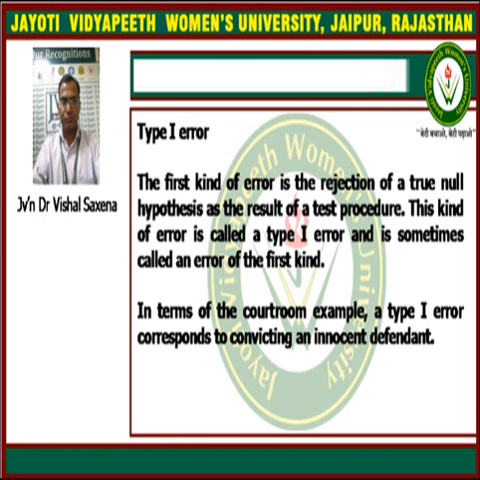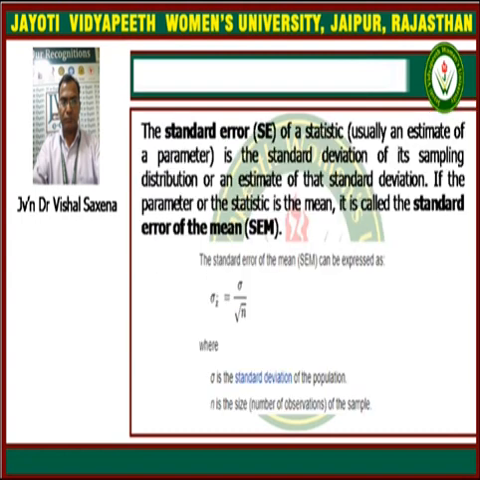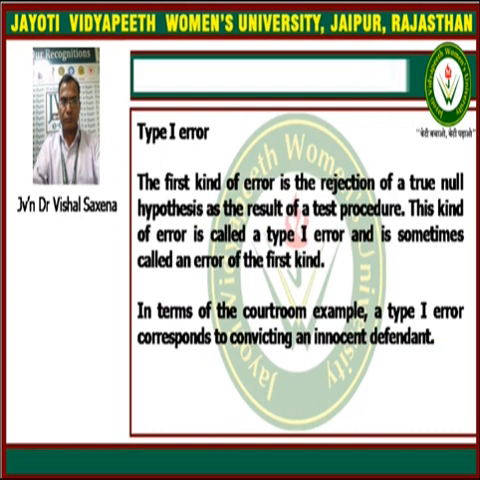Now we are on the part of errors. Errors are an important part of hypothesis testing, and when we take the null hypothesis, two kinds of errors can be generated: type 1 error and type 2 error.